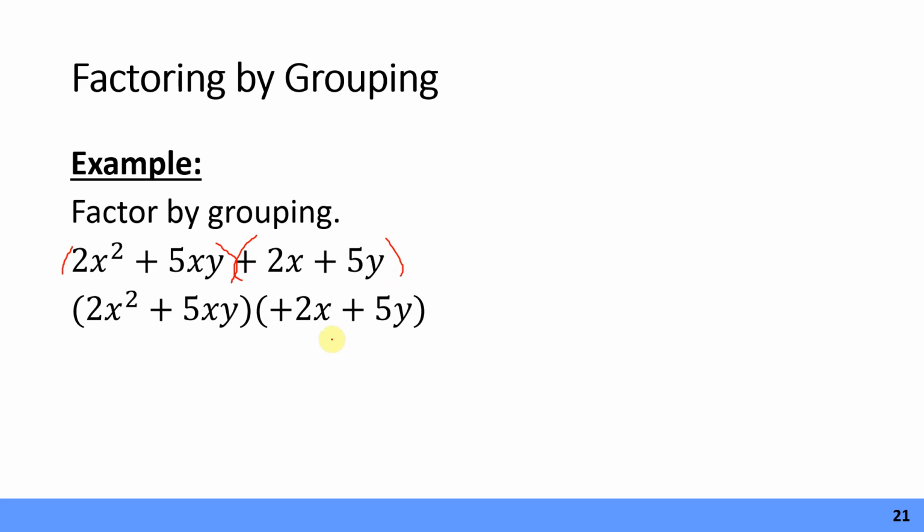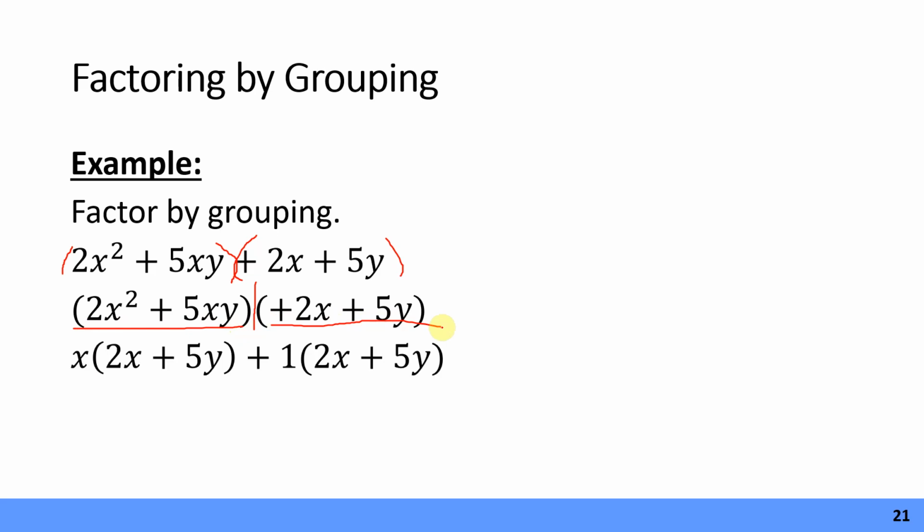Now, once you group these two, you're going to tackle the problem separately. You're going to factor the greatest common factor from here, and you're going to factor the greatest common factor from there. So what you did is you split your problem into two mini problems. So look at this right here. The greatest common factor of these two is x because they both have an x in common, right?